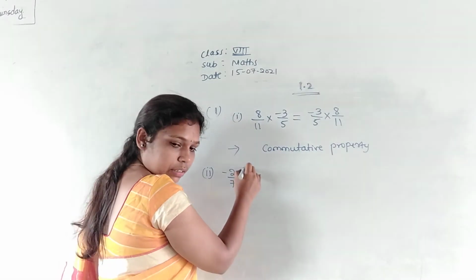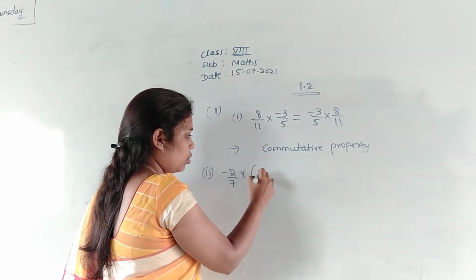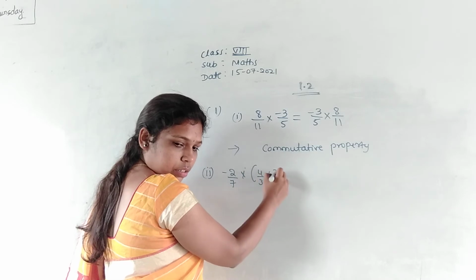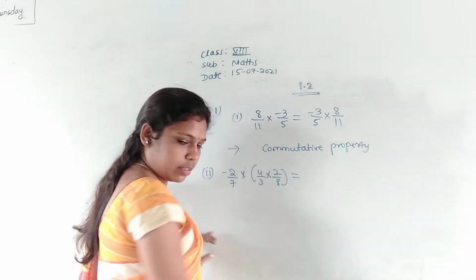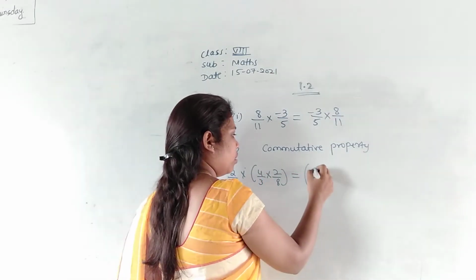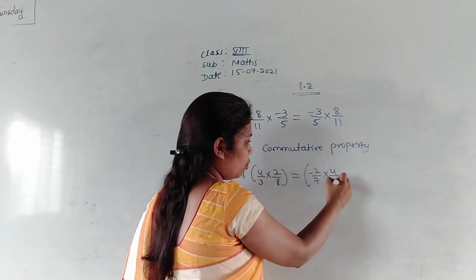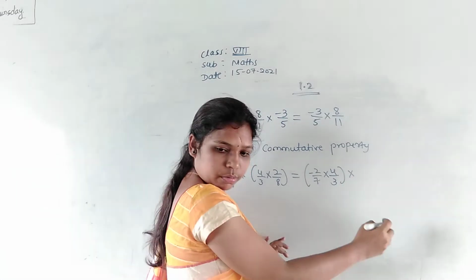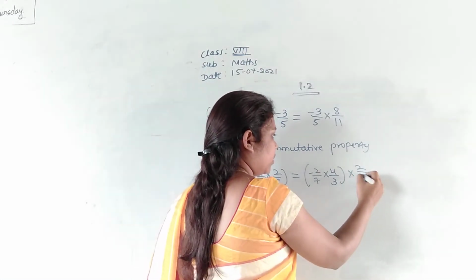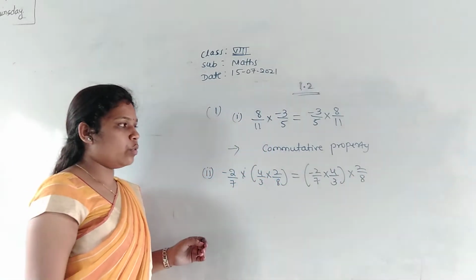And next one: minus 2 by 7 into 4 by 3 into 2 by 8 equals minus 2 by 7 into 4 by 3 into 2 by 8, with different grouping. Which property do we use here?